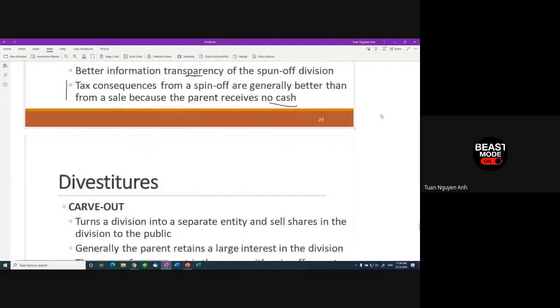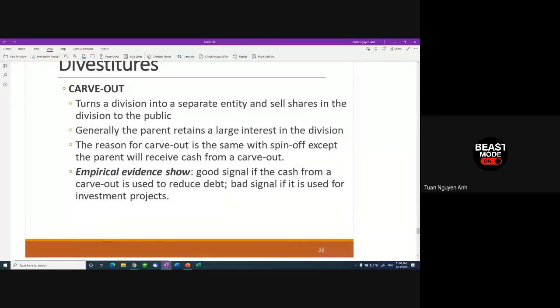Okay, and the last kind of divestiture is the carve-out. The carve-out is a little bit different from the spin-off. They turn a division into a separate entity, still the same, but they sell shares in public. So they do not sell shares to the existing shareholders. They sell shares to the public.